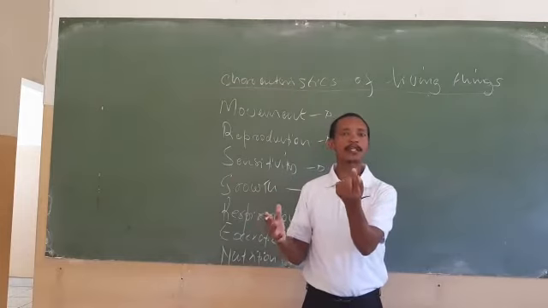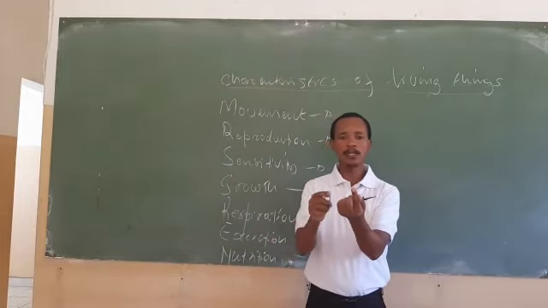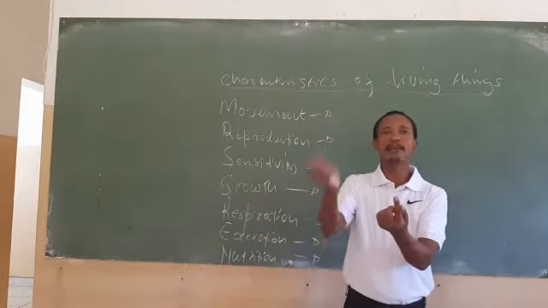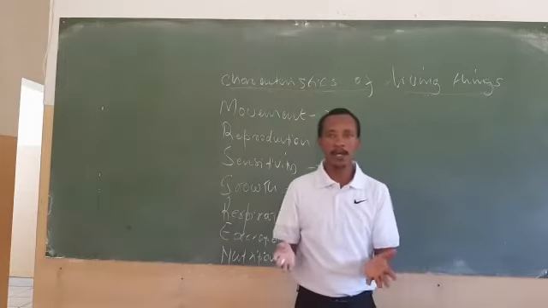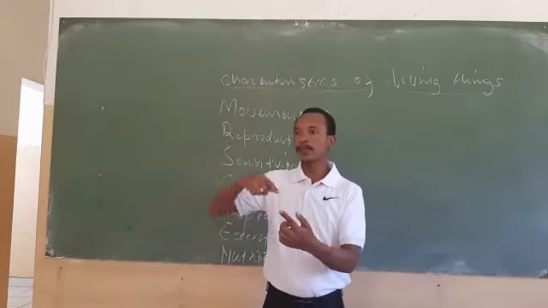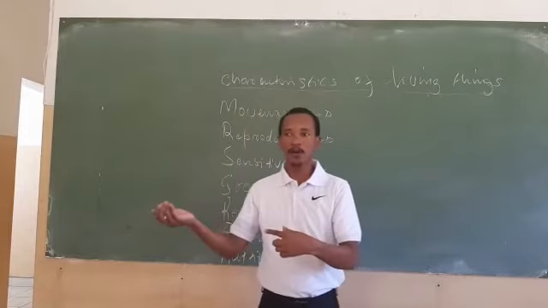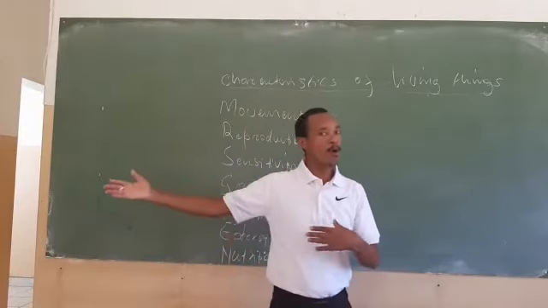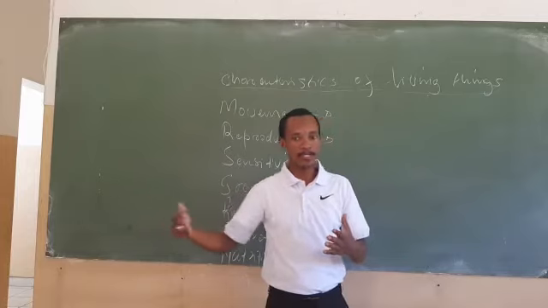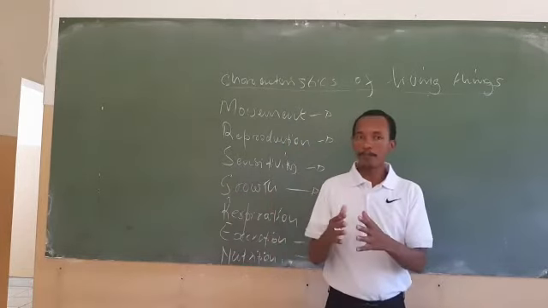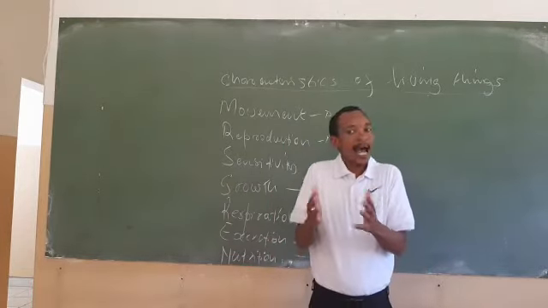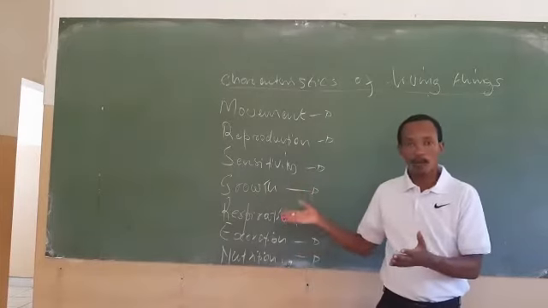So if it is just one cell, it cannot multiply by adding more numbers into itself because it is just one. If it replicates to form another one, what it has formed is just a new organism, right? But the more or the bigger it gets, that is how many it can grow, size.